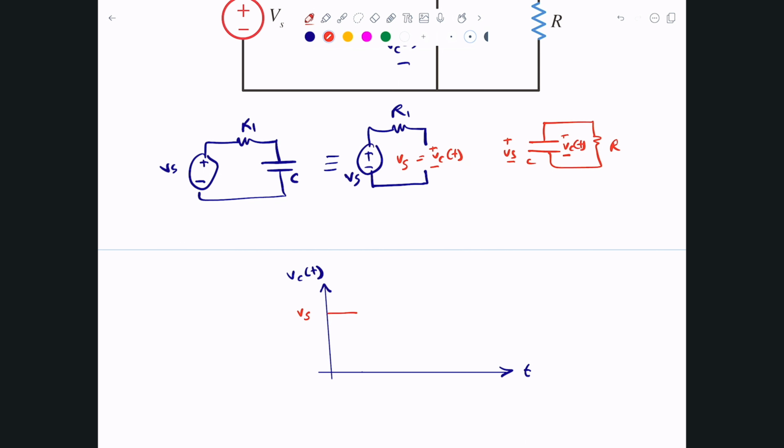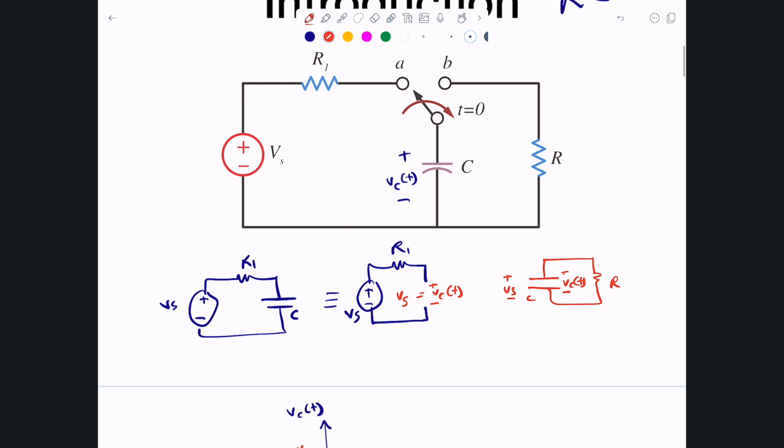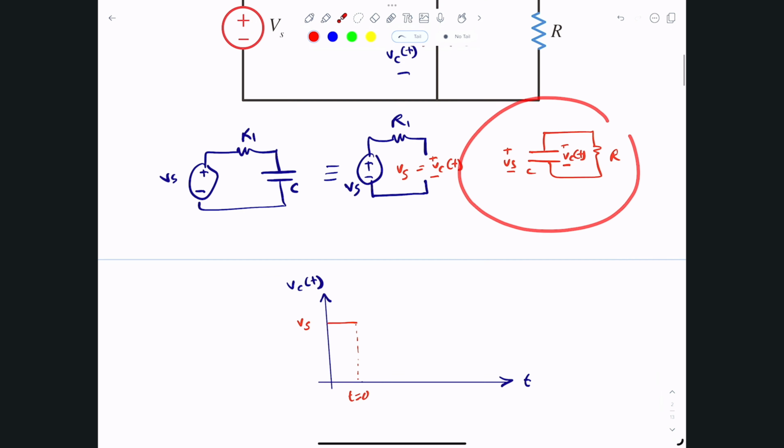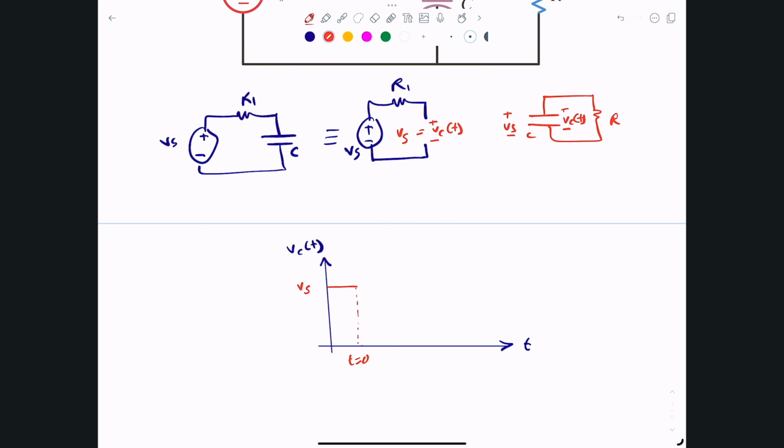At time 0, let's assume this here is time 0, the switch goes from point A to point B, and that results in this particular case. The voltage across it will slowly drop. The reason it slowly drops is, if you remember, I equals C times dV divided by dt.